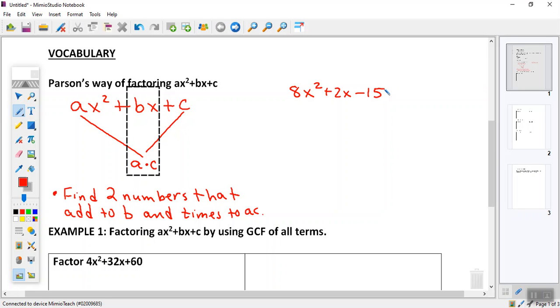What two values would I multiply together first, according to what I'm telling you? 8 and what? 8 and negative 15. Okay, somebody take 8 times negative 15. Tell me what you got. Negative 120? All right.